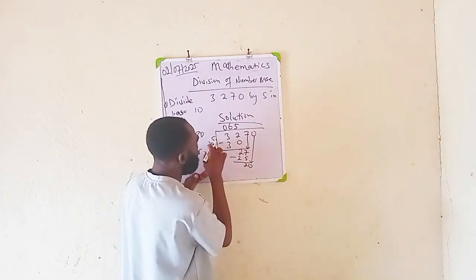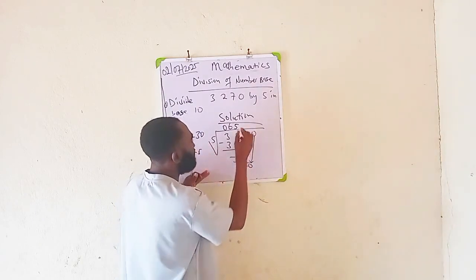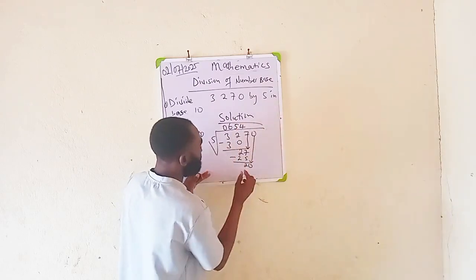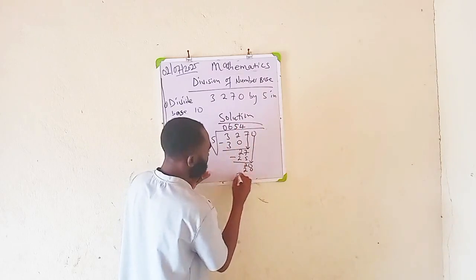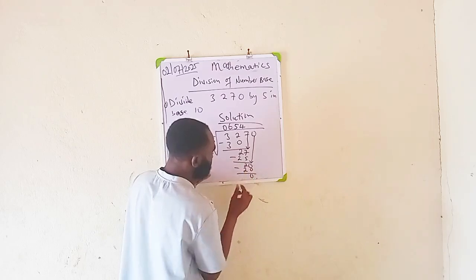And 20 divided by 5, how many times 5 goes into 20 is 4. And 4 times 5 is 20. 0 minus 0 is 0. 2 minus 2 is 0.